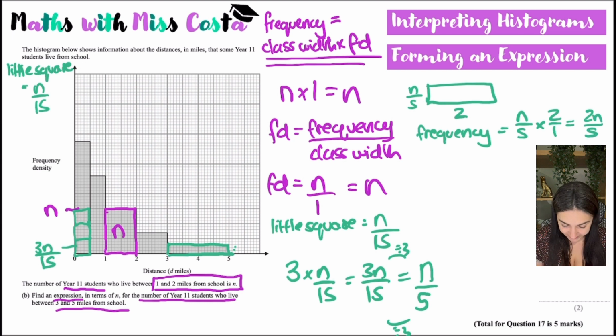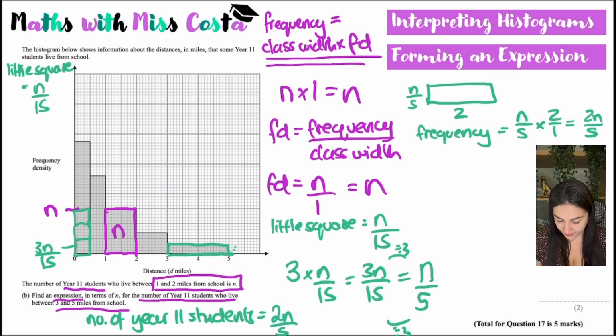So the number of year 11 students is 2n over 5, which I could write as a decimal if I wanted to. So 2/5 is 0.4, so you could just write it as 0.4n. And that's how you find the expression. So all I'm doing is I'm still using the exact same formula, it's just I'm incorporating algebra as well.